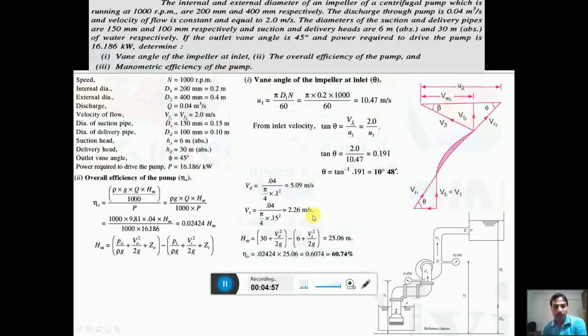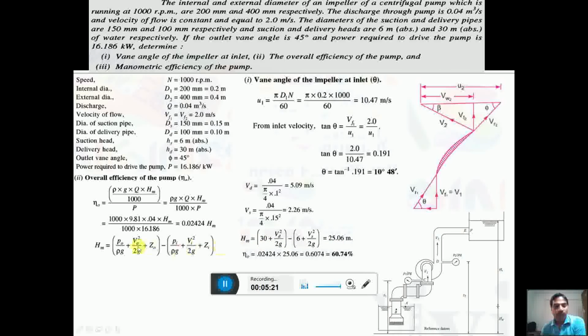So we have got this one. As nothing has been given about Zo and Zi, we will consider that Zo minus Zi is negligible, or we can say both of the gauges are installed at the same level. So this has been taken as 0. So simply putting these values, we can get the value here.